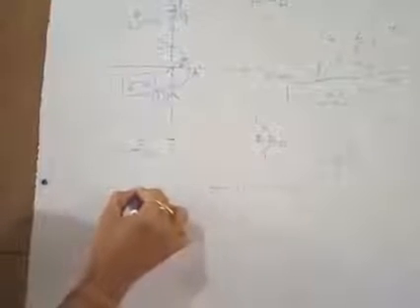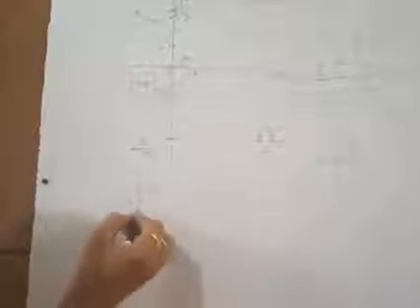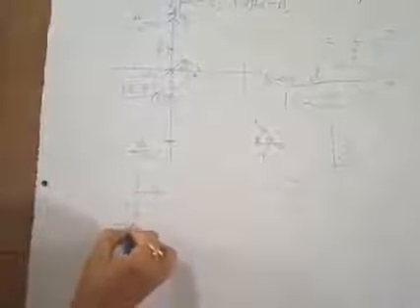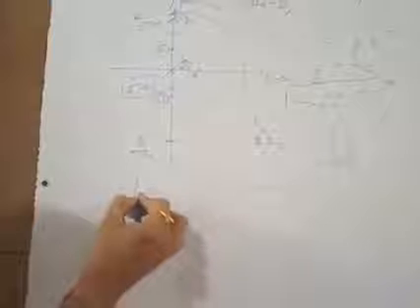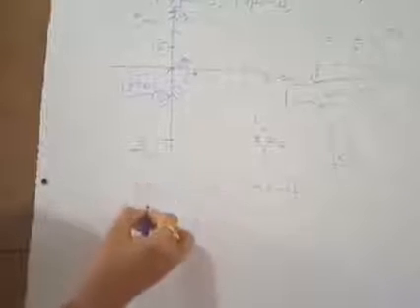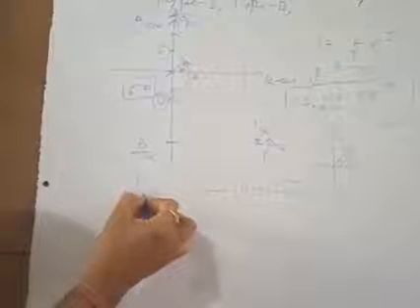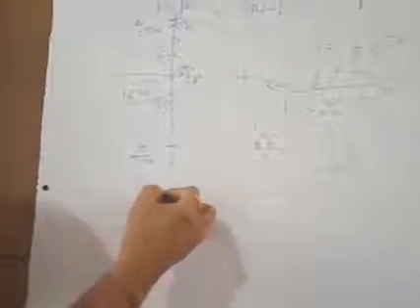That means if this is your epsilon and the phasor starts from here, in this position the angle is minus 90 degree. You move on along this semicircular path, and everywhere the value of the radius is epsilon and the angle is increasing. That means you are moving in the anti-clockwise direction, so the angle is becoming positive.